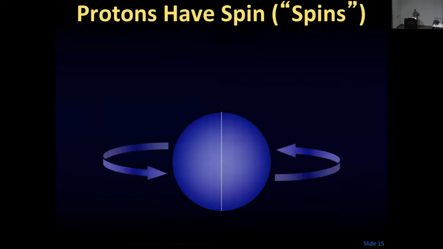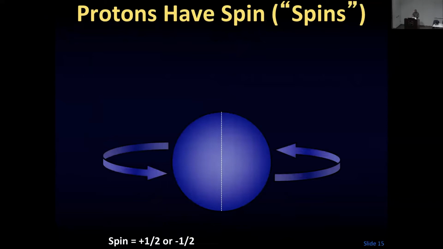So protons have spin, and they don't literally spin, okay, but we can sort of think of them as spinning as illustrated in this cartoon here around an equator. And the spin can either be clockwise or counterclockwise. It can either be positive 1/2 or minus 1/2.